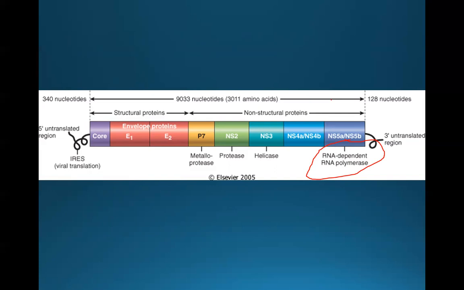Poor fidelity because it has poor proofreading ability. Poor proofreading ability, meaning when it starts to transcribe from the mother sequence, it will start to create a lot of variants that have mistakes in them.